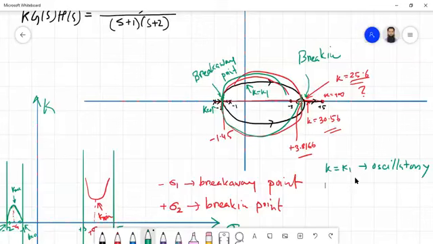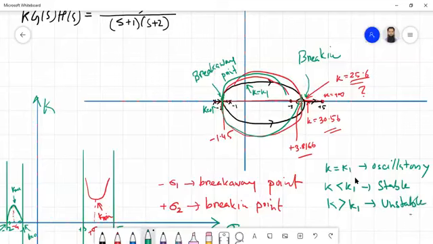For k lesser than k1, our system is stable, because all the closed loop poles are in the left half plane. For k greater than k1, our system becomes unstable.